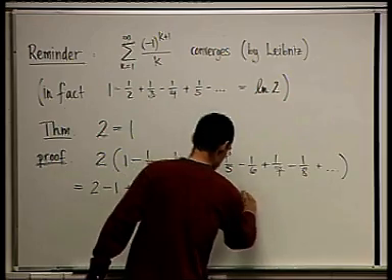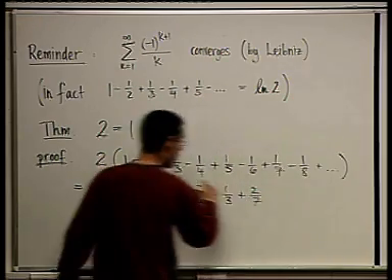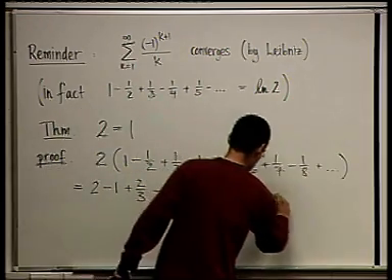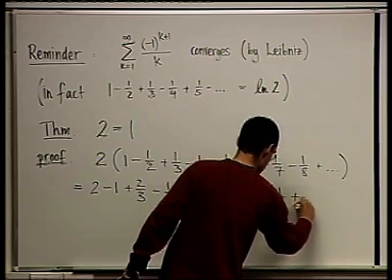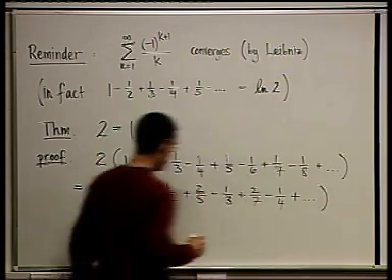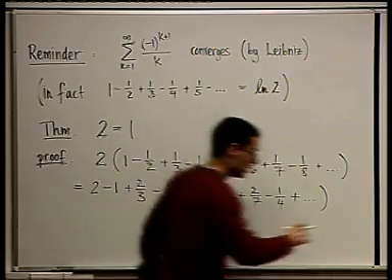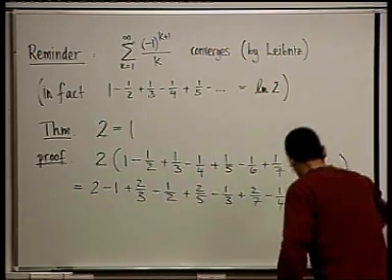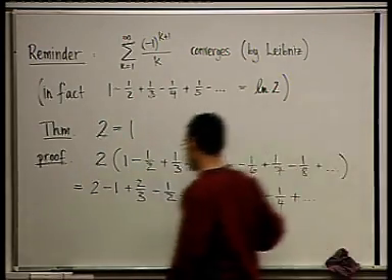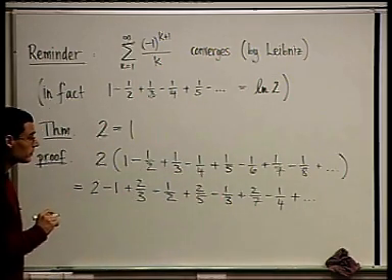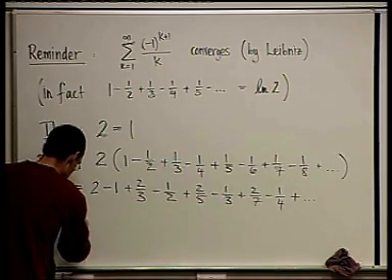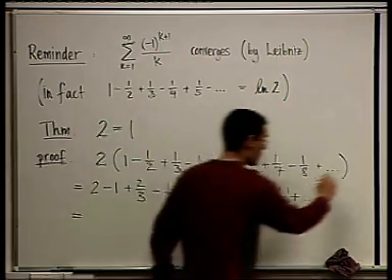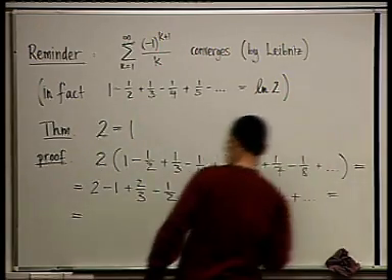Plus 2/7. Minus 2 over 8, which is minus 1/4, plus, and so on. We don't have to put the dot, dot, dot because we already inserted a 2 in. Good? Now this equals this equals this.